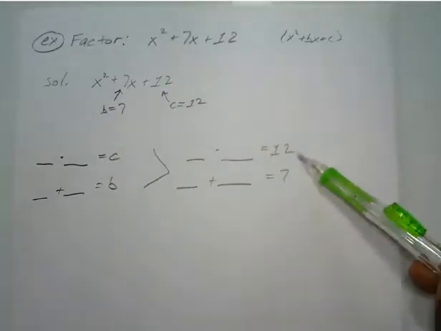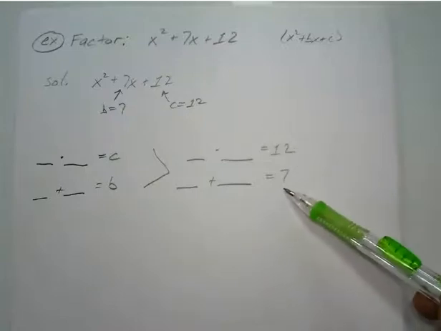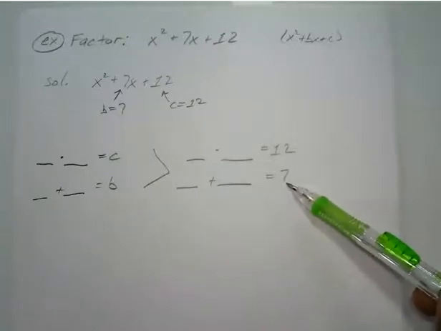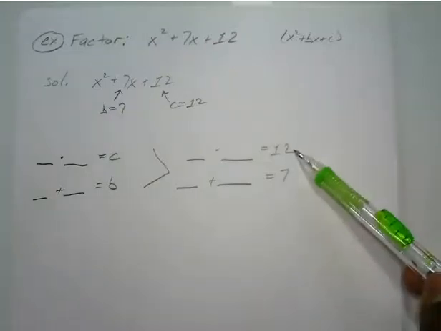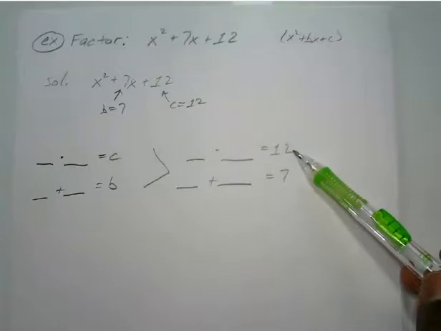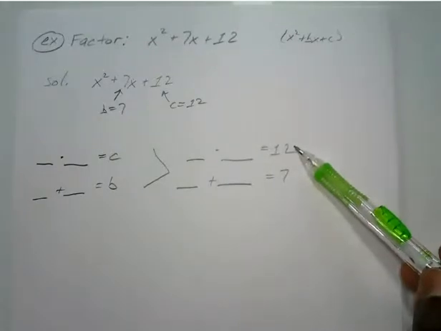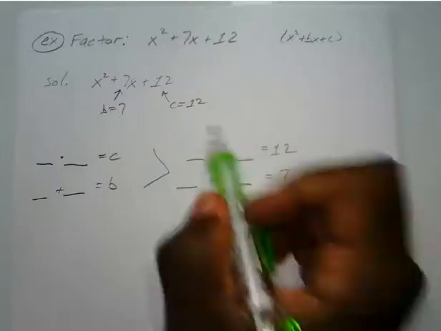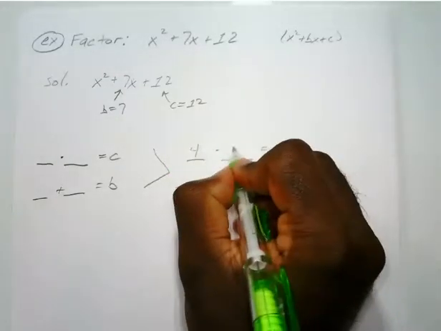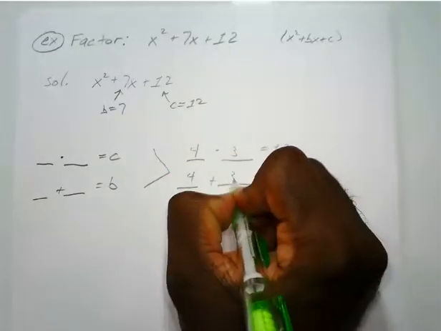For 12, we can do 6 times 2, which equals 12, but it doesn't add to equal 7, so we can't use that one. We can try 4 times 3. 4 times 3 is 12, and 4 plus 3 is 7. So that's the one we'll use.